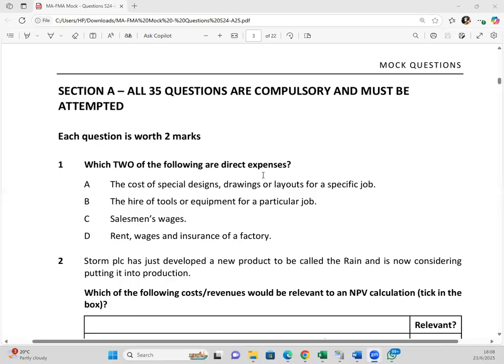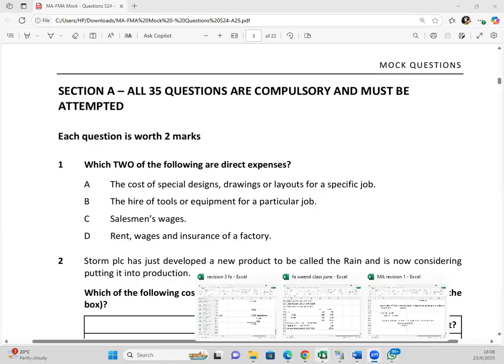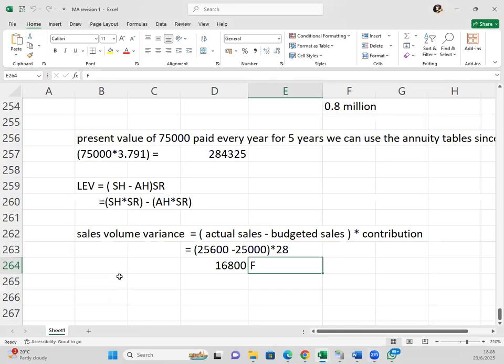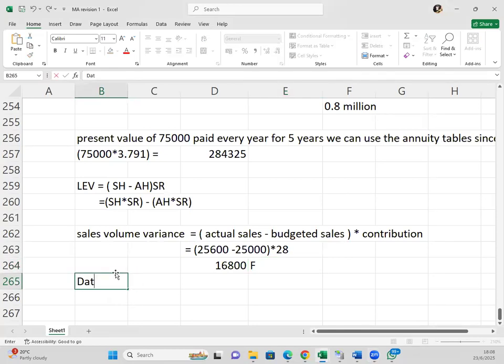The hire of tools or equipment for a particular job, salesmen's wages, rent, wages, and insurance of a factory. Which ones can we classify as direct costs? Remember, these are costs that we incur in the business. Let me just indicate that this is day 4.